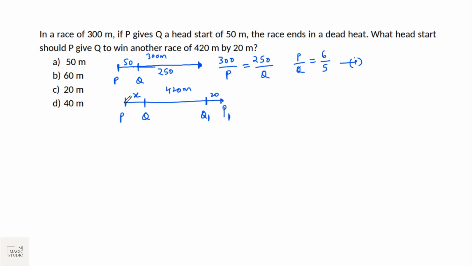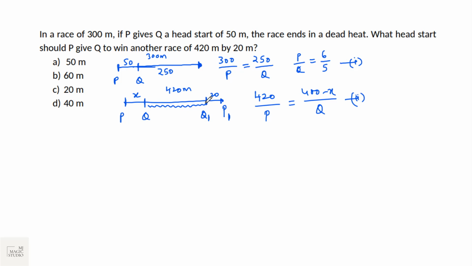It simply means in the given time, when P has covered 420 meters at its own speed, in the same time Q has only covered this distance Q1, that is 420 minus 20 minus X, that is 400 minus X by Q. This will be our second equation. Again, in the time P has reached from P to P1, in the same time Q has traveled from Q to Q1.